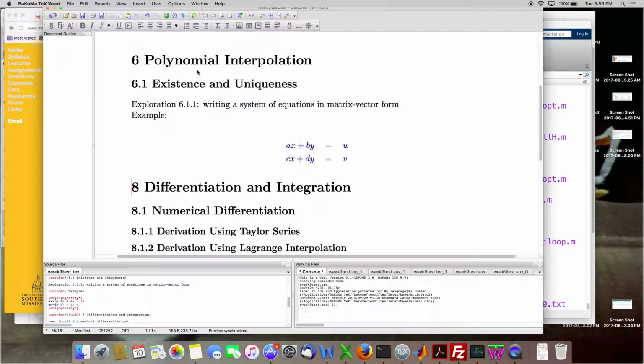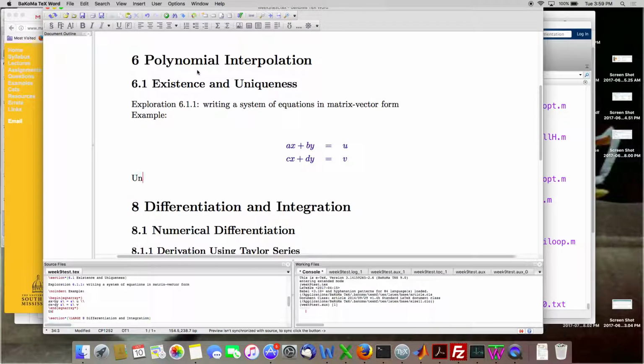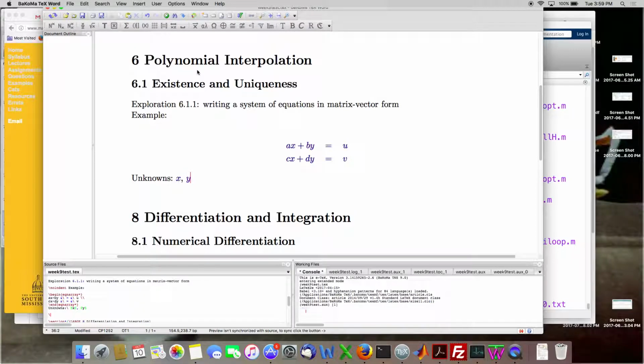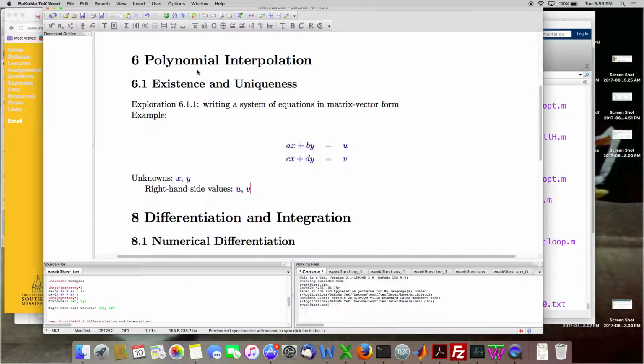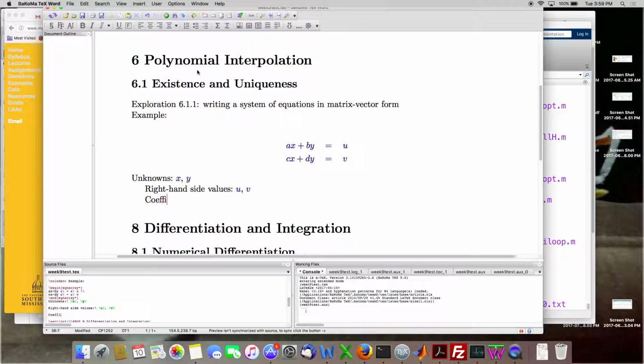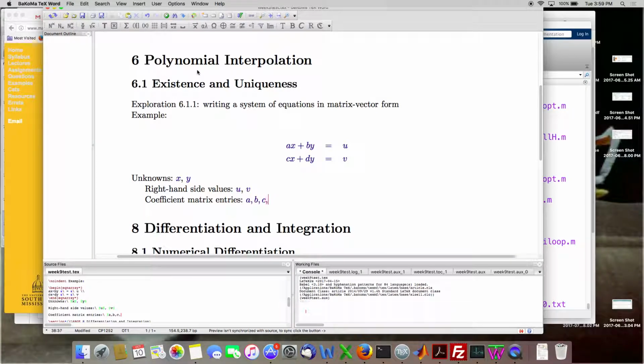In this case, the unknowns are x and y. The right-hand side values are u and v, and the coefficient matrix entries would be everything else you see in the system of equations: a, b, c, d.